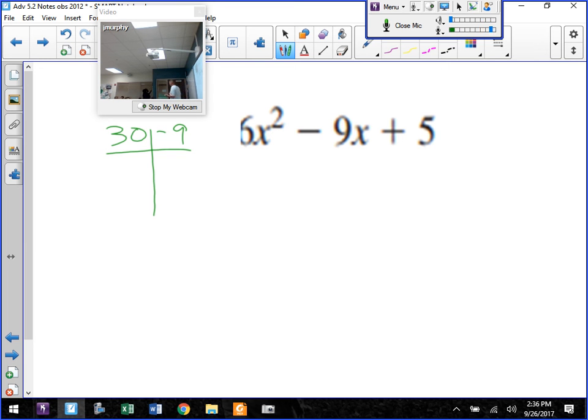Well, what are your factors of 30? 1 and 30, 2 and 15, 3 and 10, 5 and 6. So what's your answer? The answer is not factorable. Okay, that's not factorable.